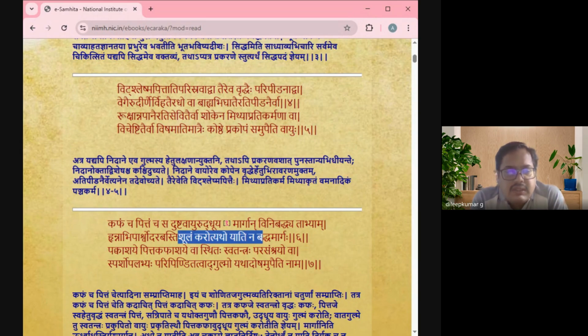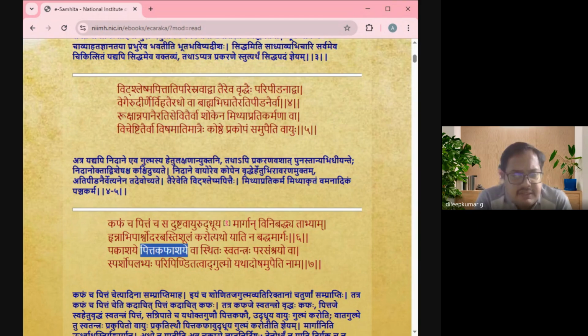So those are all the important conditions related to gulma, especially related to the GIT tract. Pakwashe, pitta, kafashe. Pakwashe means the large intestine and small intestine. Pitta, kafashe means the GIT tract, duodenum, stomach, esophagus and stomach.